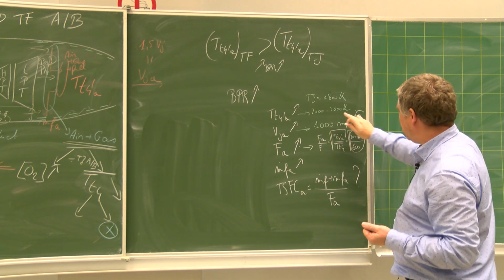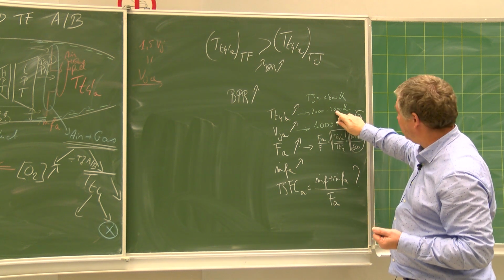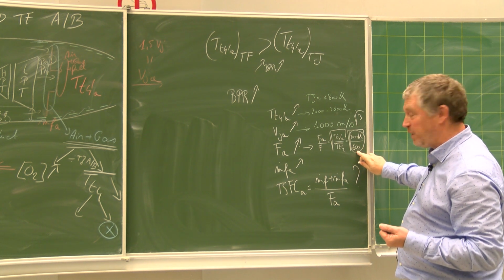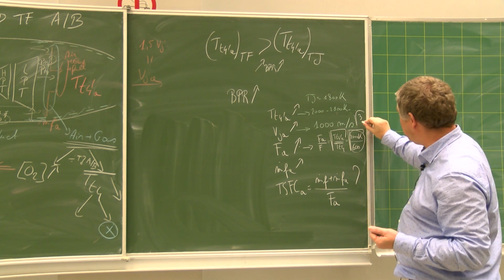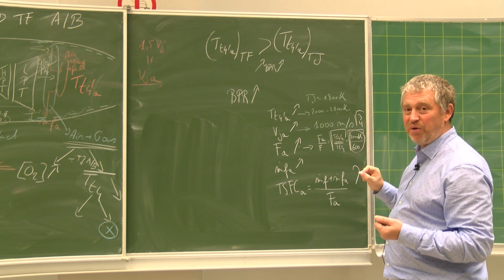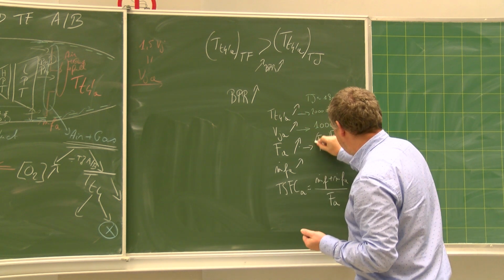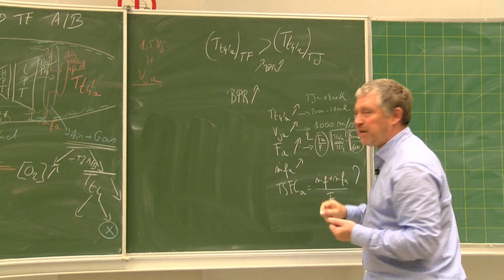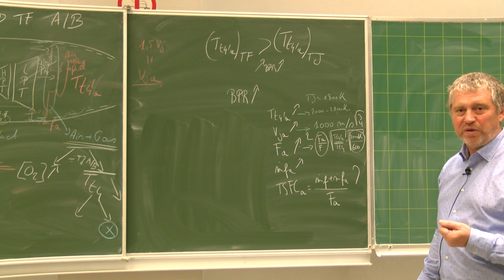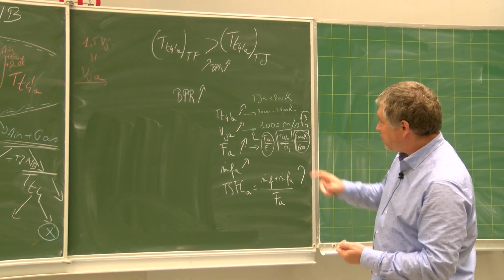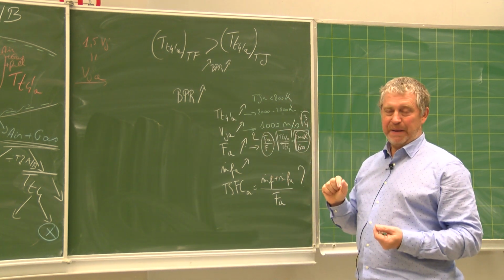Maybe even if you go to 2100, 2200, because you increase the bypass ratio, it will be here only 500, maybe you have even the square root of 4. And so here, we can have that this value can become equal to a factor like 2. This is quite possible. Why?